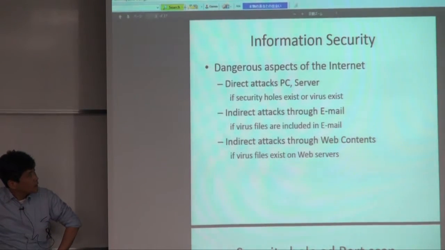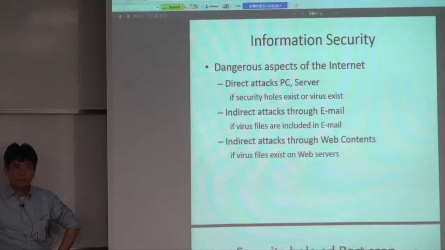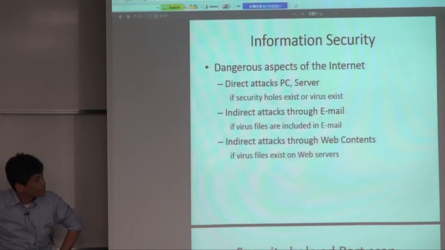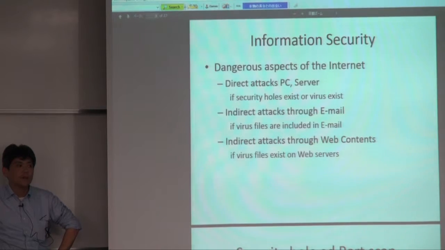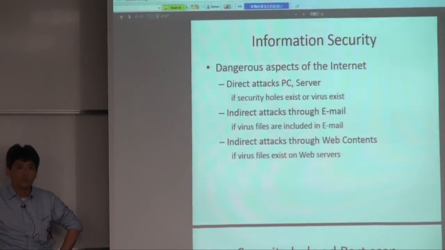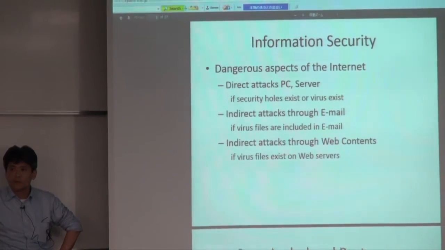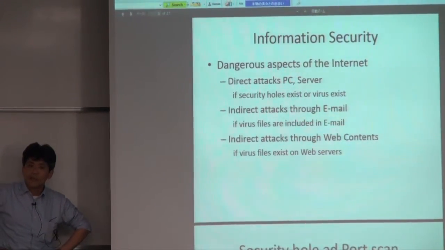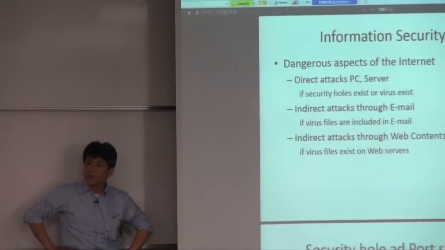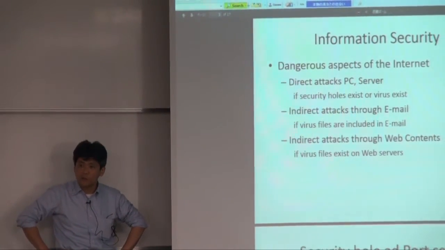Another attack is indirect access. This means when using email and accessing web pages, unfortunately, sometimes you can download virus files, if such a file exists inside the email or on the web server.